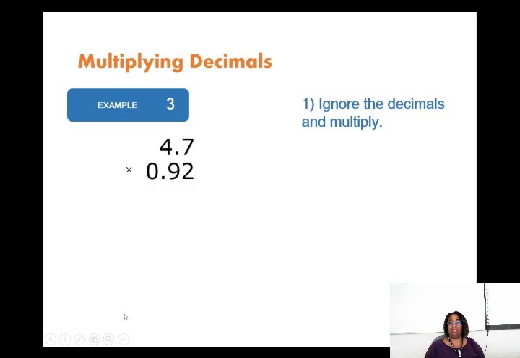Here's another one. I'd like you guys to do this problem here. Try this one, and then you tell me what the answer is.